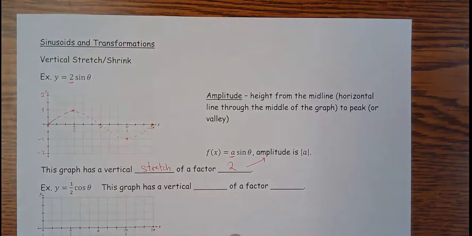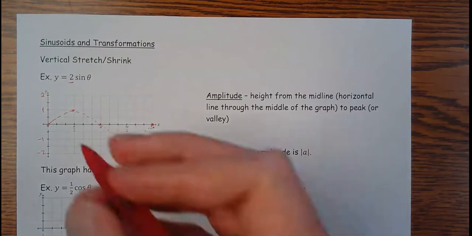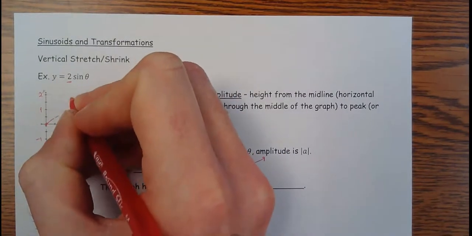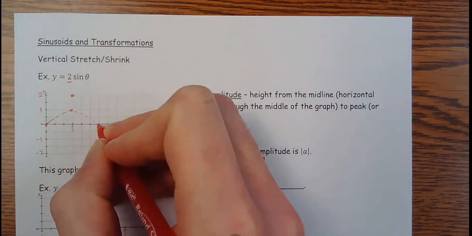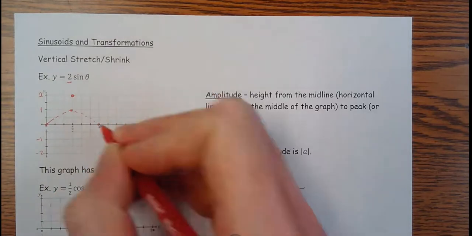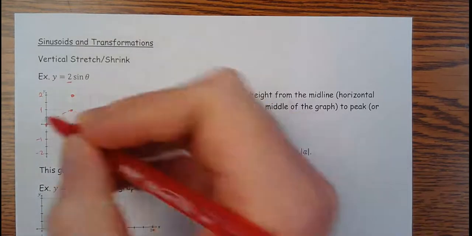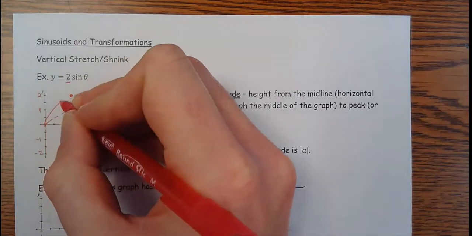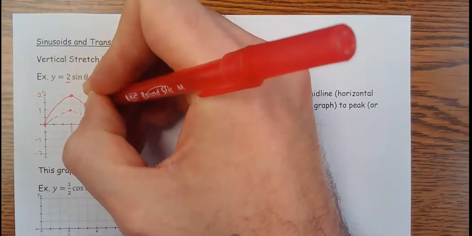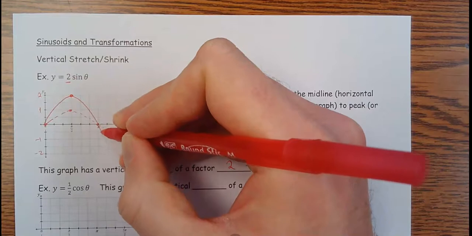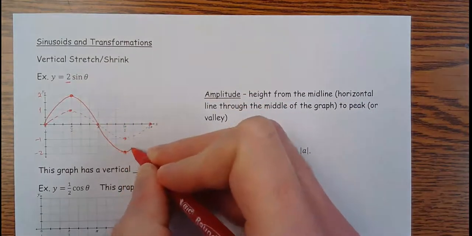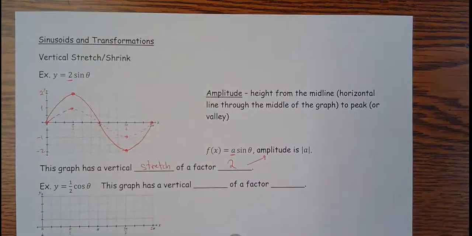So that's sine of theta. 2 sine of theta would be this. All of these points get doubled, but these stay 0 because 0 times 2 is 0. So it's a vertical stretch. This one's going to be higher, go through the same 0, and then lower than the original graph. So that's what the amplitude change does there.